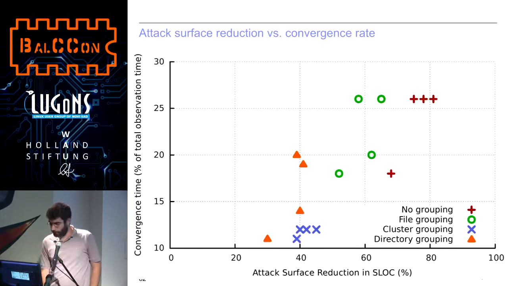You might think of doing file grouping, and you do gain a little bit in terms of convergence time in some cases, but overall it's not really interesting because it just seems like you're reducing the attack surface reduction without gaining much in convergence time in general.